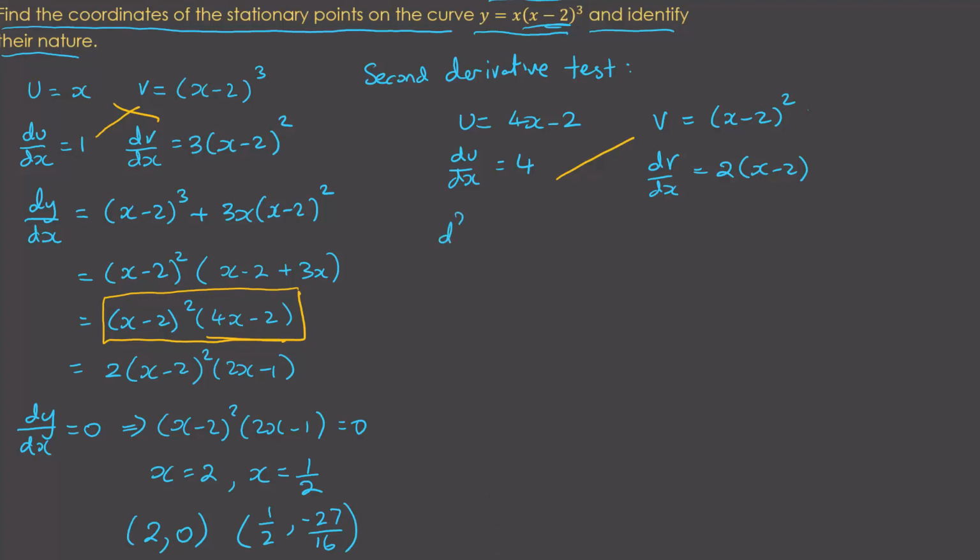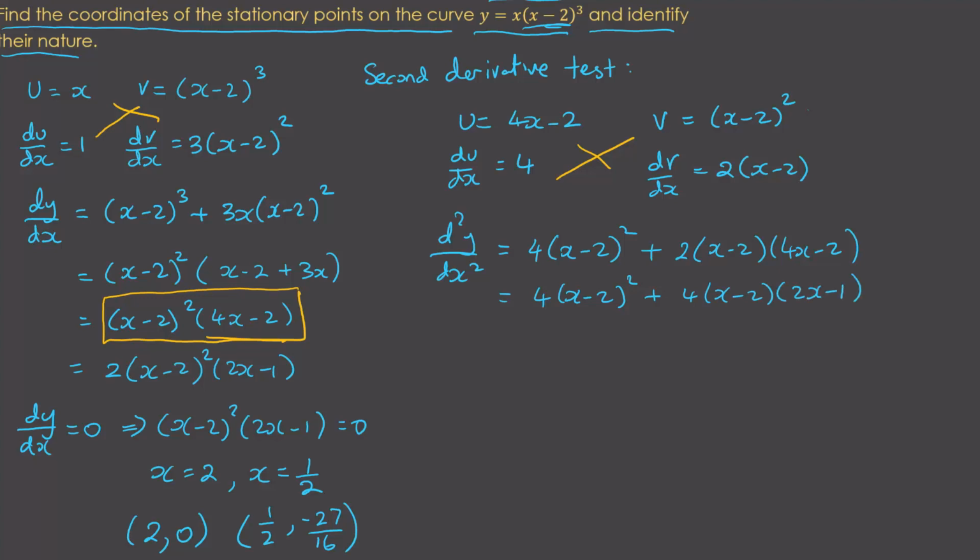And so d2y/dx squared is going to be 4(x minus 2) squared plus, going the other way, 2(x minus 2)(4x minus 2), and I might say, well, that's 4(x minus 2) squared plus 4(x minus 2)(2x take 1).